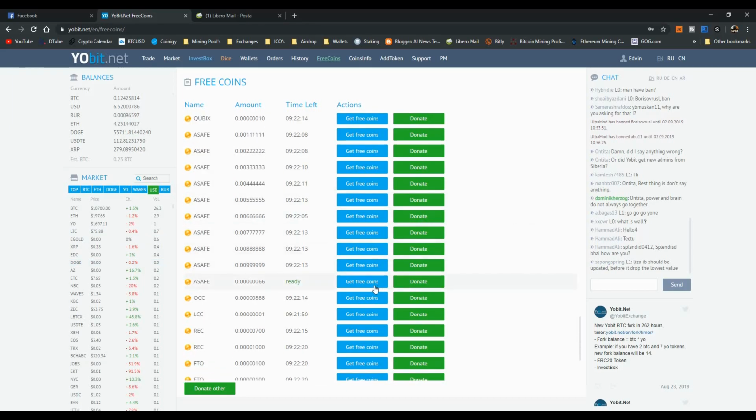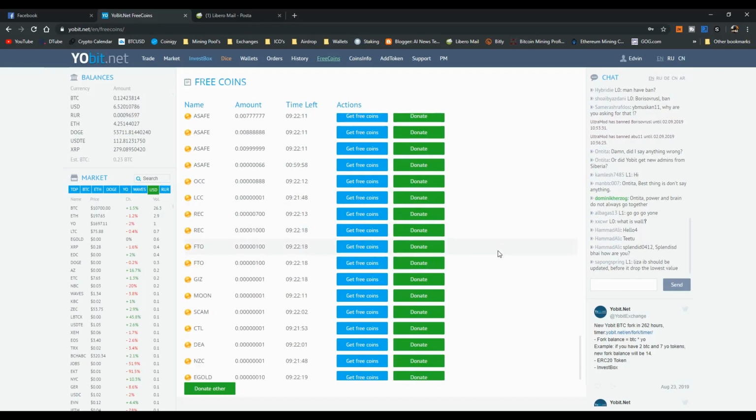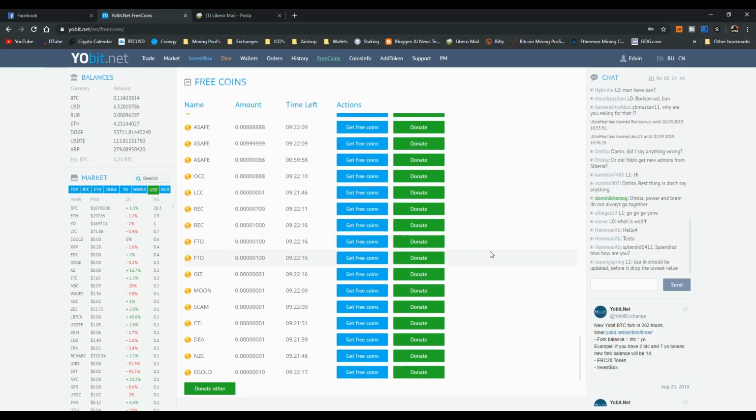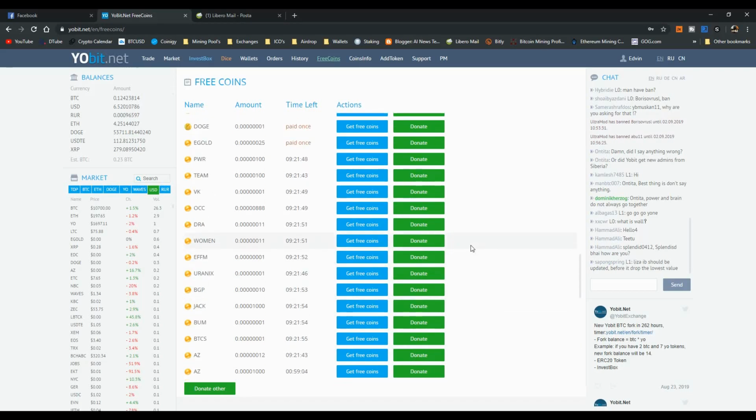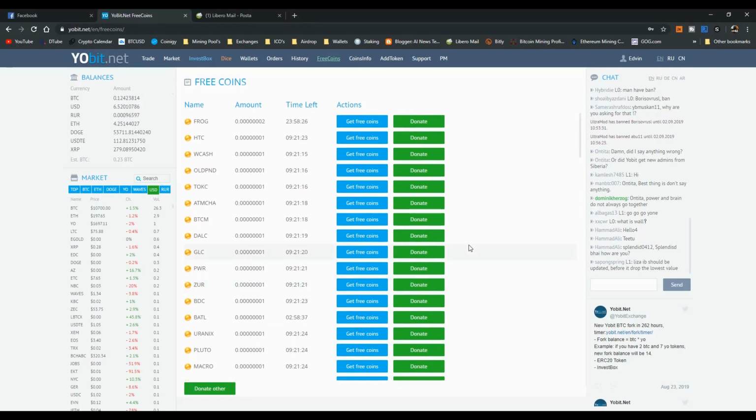Why not have one? So yeah, anyway, I have to say that I noticed something different about the free coin section now. Most, or let's say around 99% of the giveaways of the free coins, they are timed, obviously, time left.